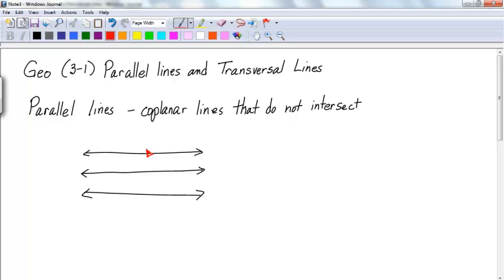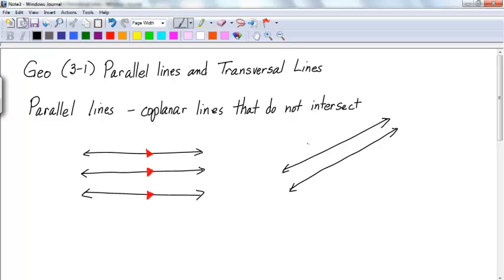It's usually a little red arrow on the line, and that's the symbol that those three lines are parallel. So you have to know the notation that the author's using.